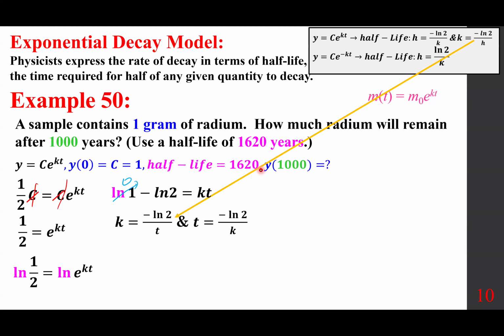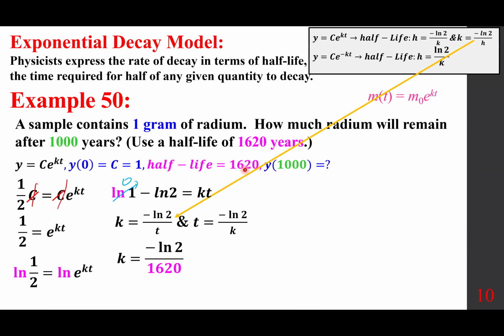So in this case, we proved that's the way you find k. And so if that is the case, we are going to go with negative ln 2 over the half-life, which is 1620. Again, that's an exact answer.